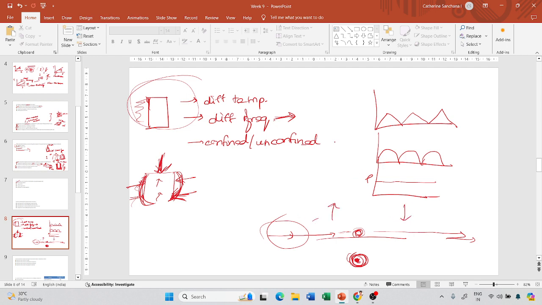So that can be represented either by a triangular loading or a Haversine loading. So what is a Haversine loading? It is a sine.